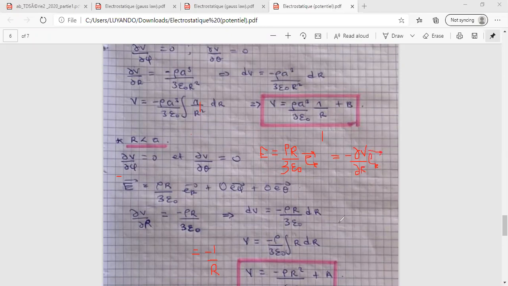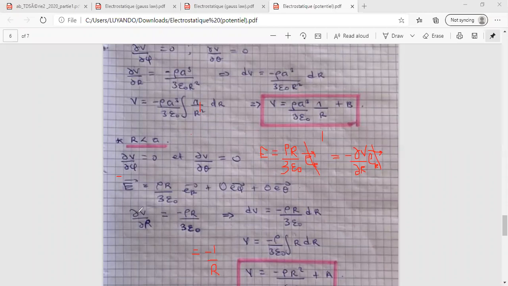And then we're going to do the same thing. So we're going to cancel our E, and our E is going to cancel. Then we divide the negative. We're going to have what we have here. And then if we have our dV, we're going to change the subject formula.